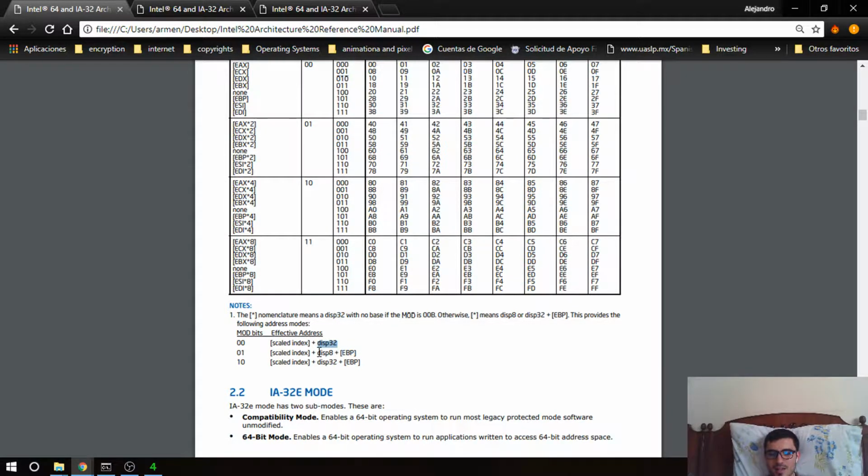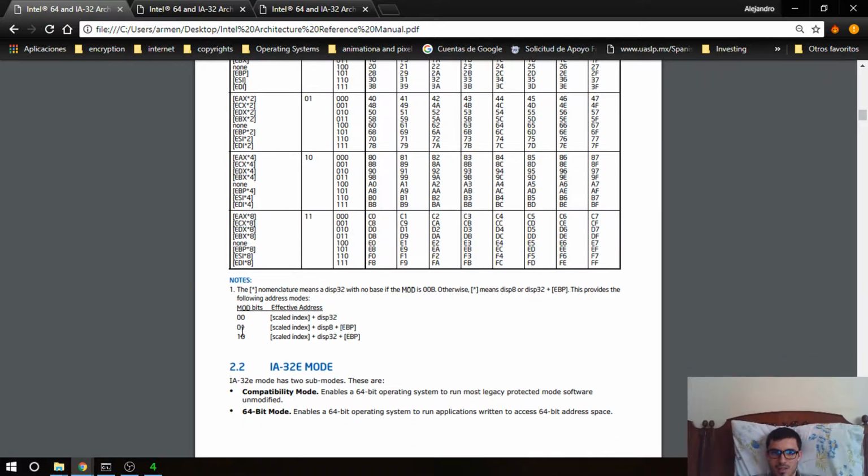I say, okay, I have a displacement, now let me go search for those bytes, if any, and I encode it, or rather decode it. So it depends. It can be a disp32, or a displacement plus an EBP, or a disp32 plus an EBP. It all depends on the mod bits, which are in the other part. Interesting.